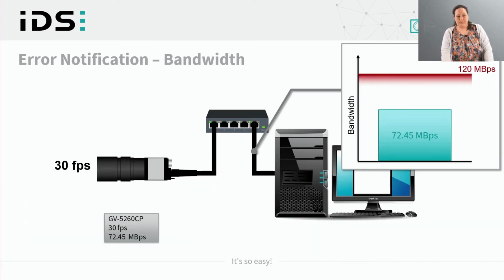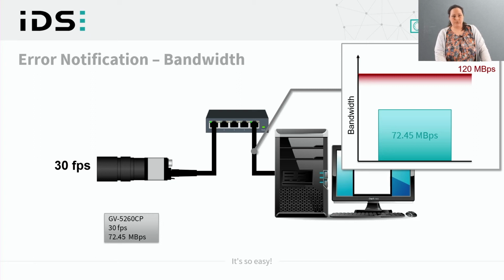For example, if you have dropped frames, this can be due to bandwidth. In this case, it's a one-to-one connection, one camera, one PC. This camera, for example a GV-5260CP, is running with 30 frames, and bandwidth is quite okay.